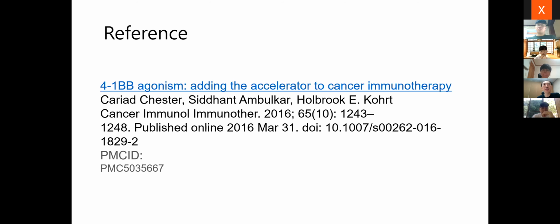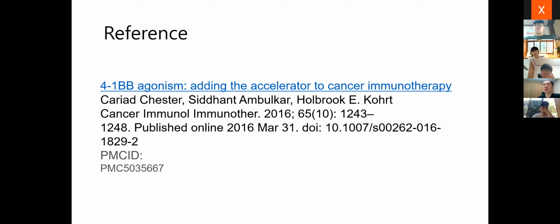Then the question is, if this antibody is an agonist, then how about the PD-1 antibody? Should you call that an agonist or an antagonist? Antagonist. Is it antagonist? So by adding PD-1 antibody, you can boost the immune system.